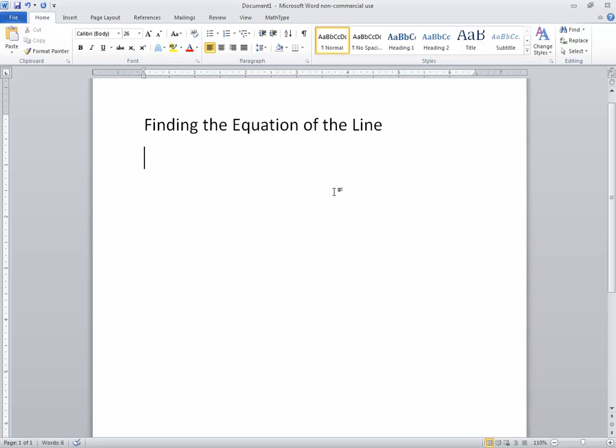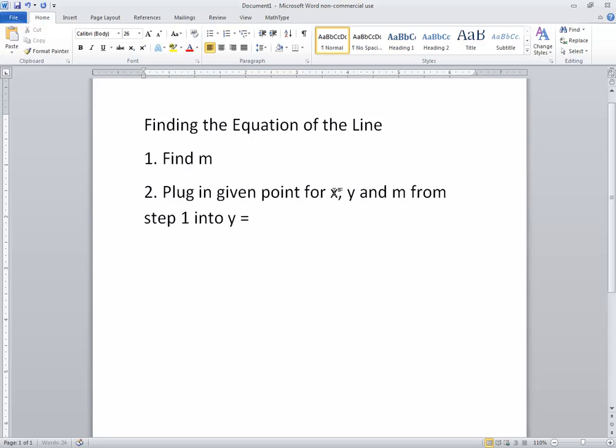This is with different conditions, and you see this step-by-step approach change slightly depending upon whether you're dealing with parallel, perpendicular, or other situations. But in general, our first step is to find m. Our second step is to plug in the given point for x and y and m from step 1 into y equals mx plus b and solve for b.